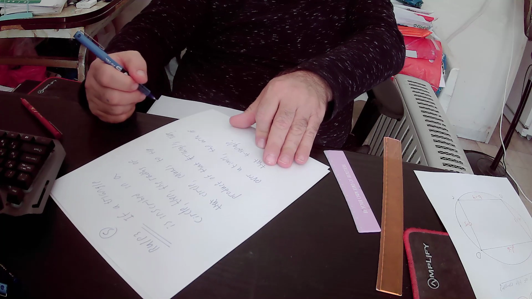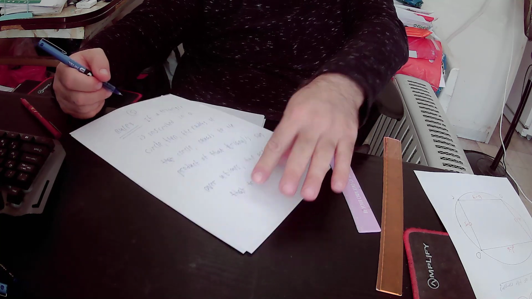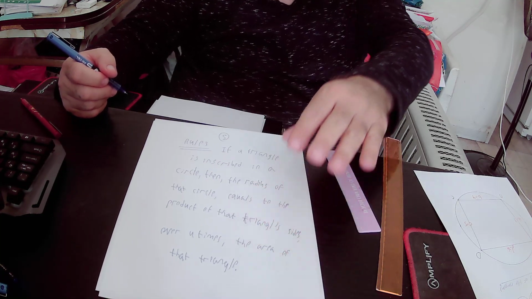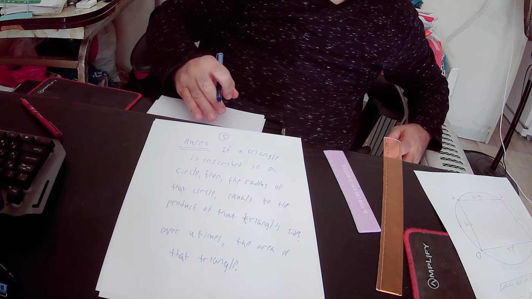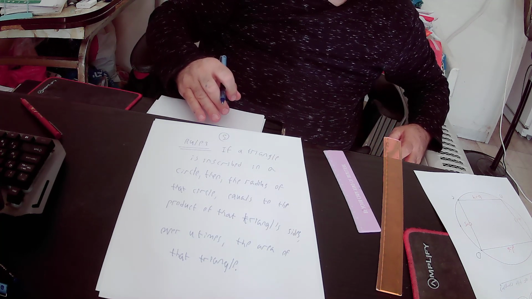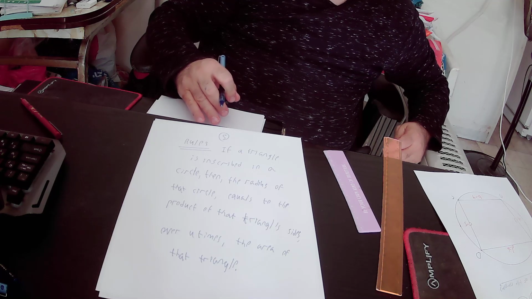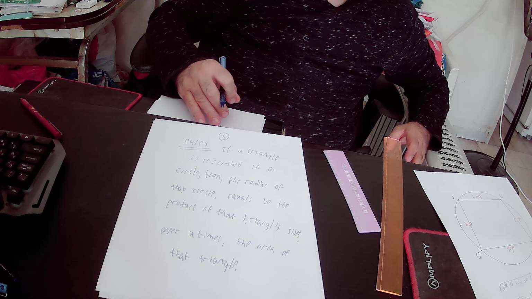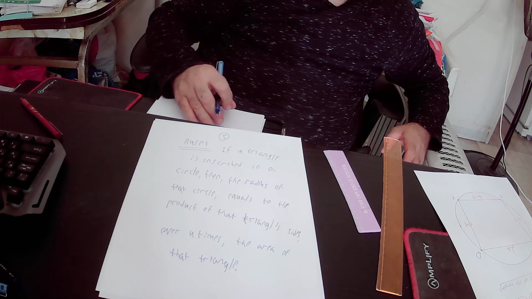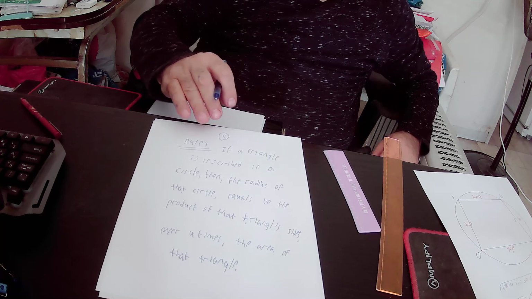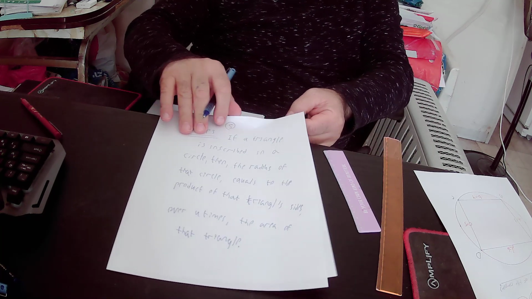So I'll read rule number 3 again. Rule number 3 states that if a triangle is inscribed in a circle, then the radius of that circle equals the product of that triangle's sides over 4 times the area of that triangle. So what is the meaning of rule number 3?